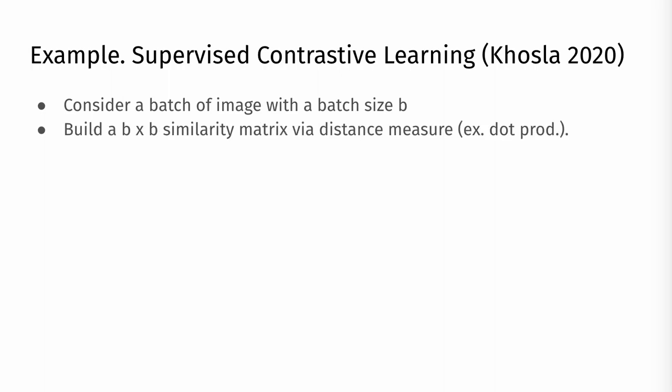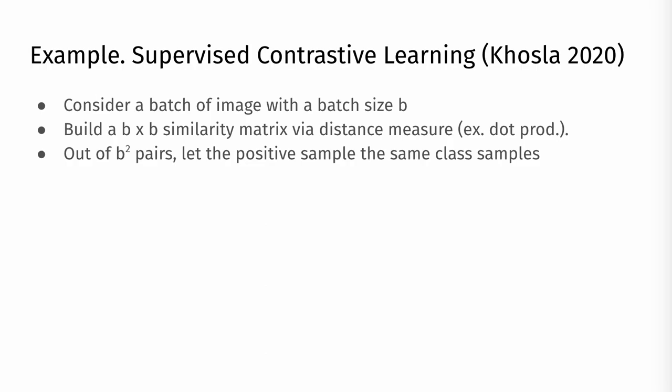And let's understand more concretely with an example, supervised contrastive learning, a NeurIPS paper. Let's start with a batch of images with batch size B and build a similarity matrix between each of the images. And out of all those B squared pairs, the similar samples, or in other words, the anchor and the positive samples, are defined as the same class samples in this paper.